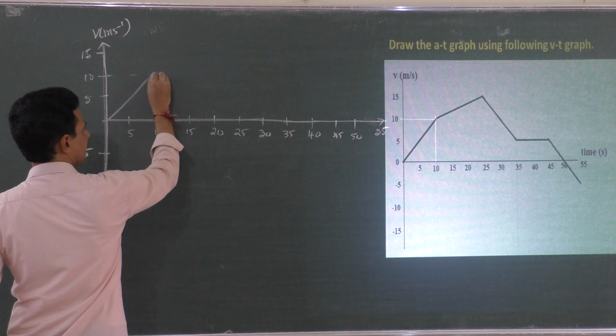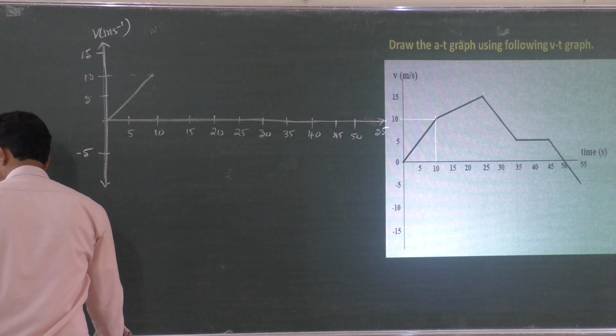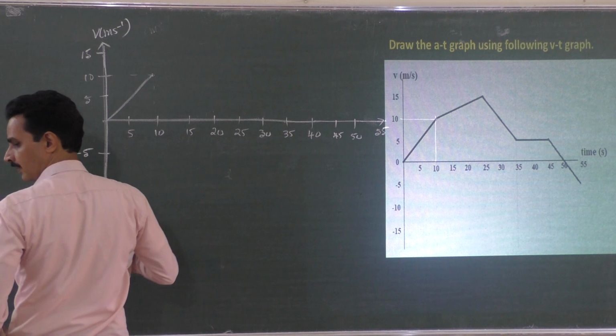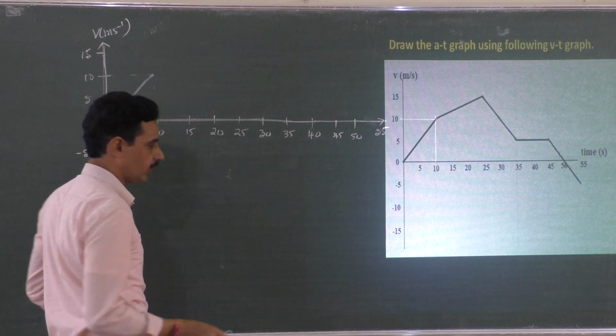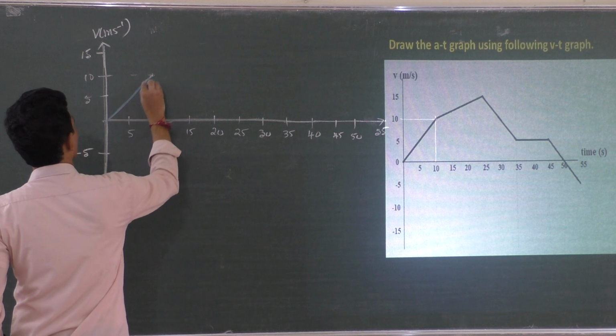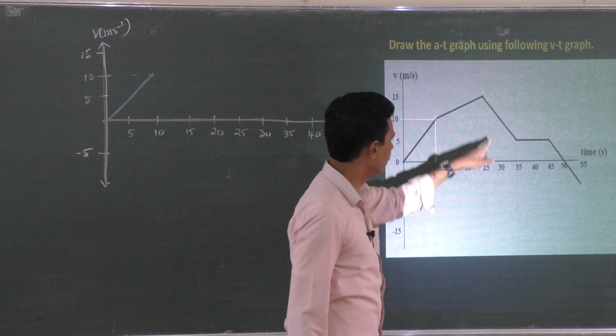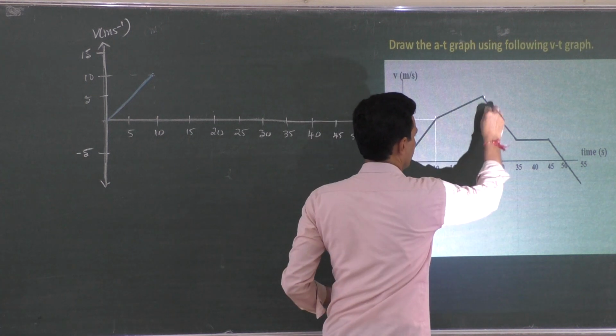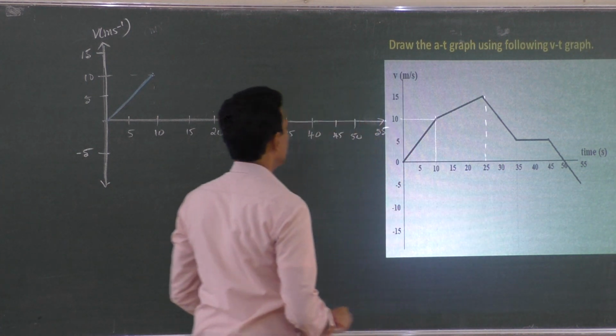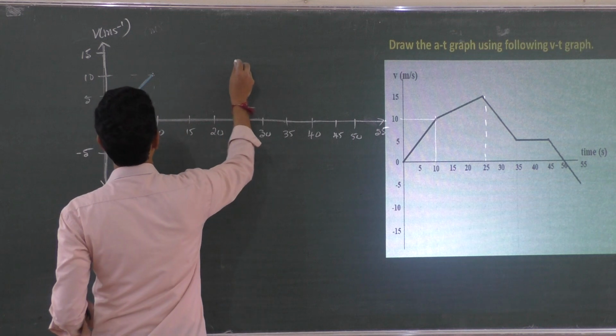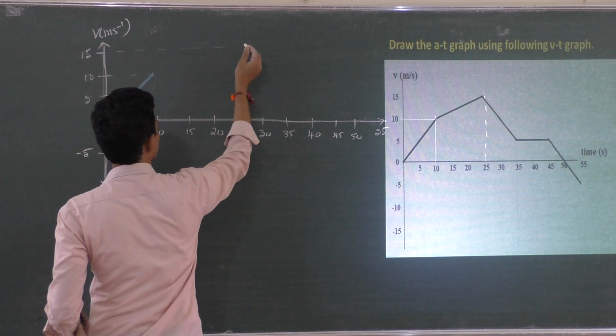So like this. I don't have color chalks here today. Where has it gone? Okay. Then it goes to 15 meter per second, but it is at 25 seconds. At 25 seconds it must reach 15 meter per second.